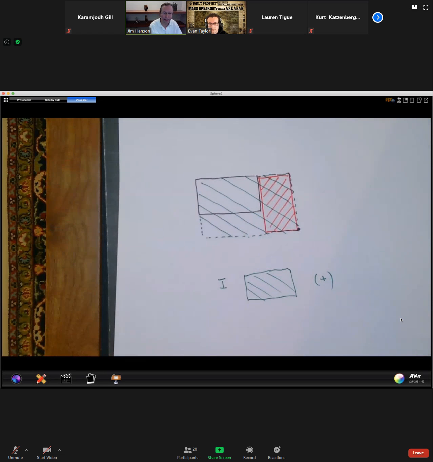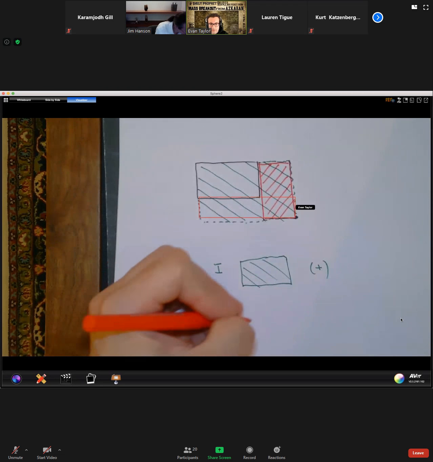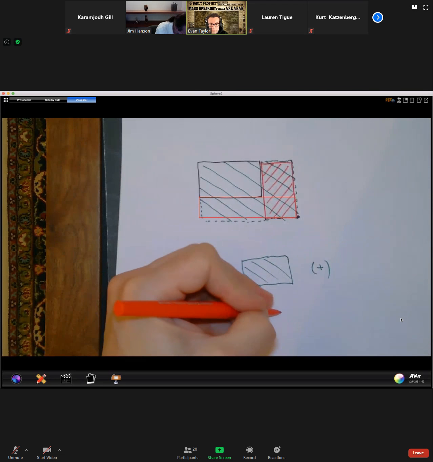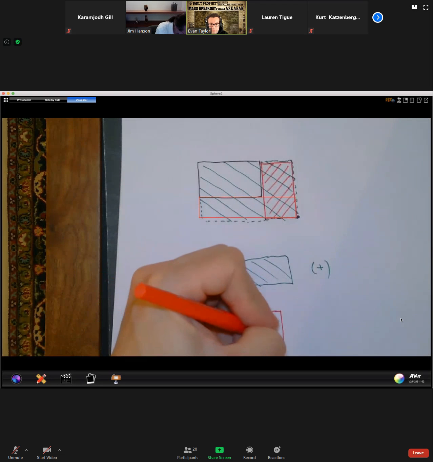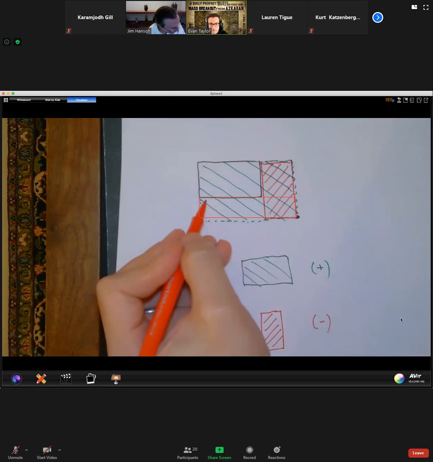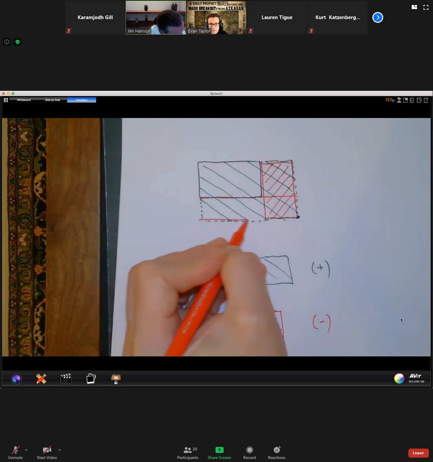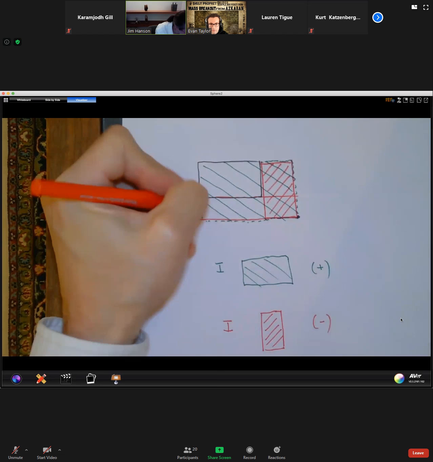Okay. And then what else do we have to do? Well, if you subtract this rectangle as well, then that gets rid of the other portion, but then you've subtracted the same area twice. Okay, well, let's give it a shot. We can take this one out, is what I think I'm hearing, right?